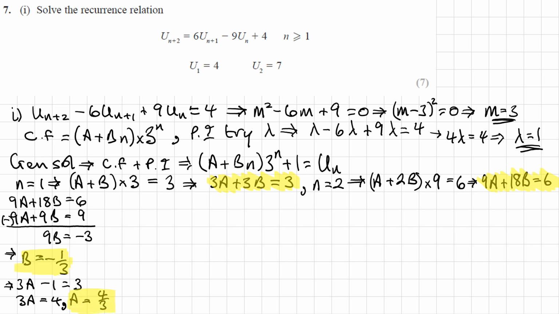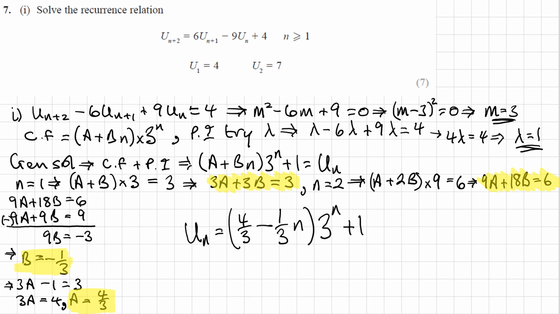So now I can write my particular solution, which is going to be un is equal to, so I want to go back to this here, a, which I've got as 4 over 3, plus, well, it's actually minus a third, so it's going to be minus a third n, so minus 1/3 n, times by 3 to the power n plus 1.